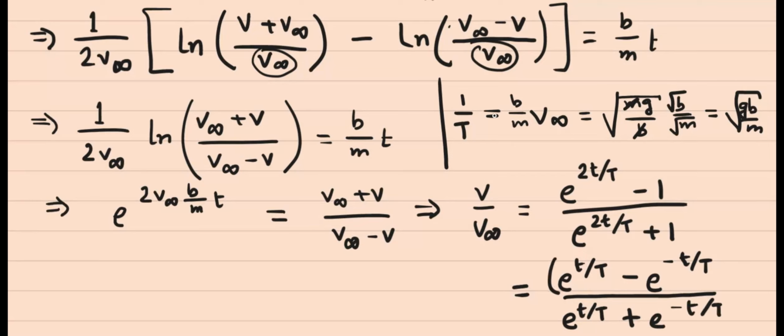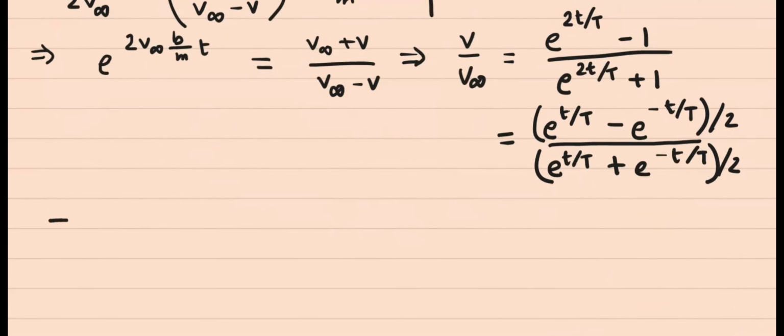So quickly we divide both things by 2, and notice on the numerator we have the sine hyperbolic function, and on the denominator we have the cosine hyperbolic function.